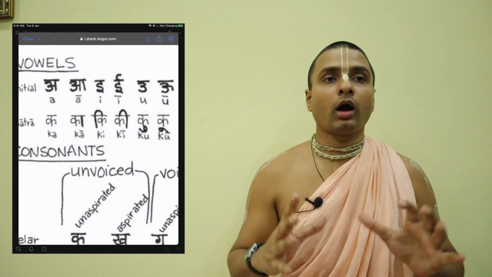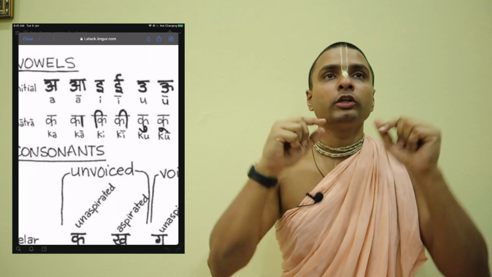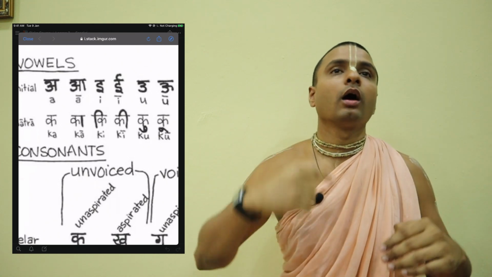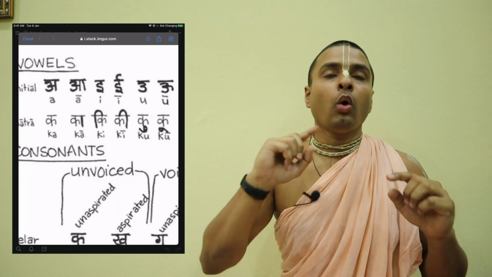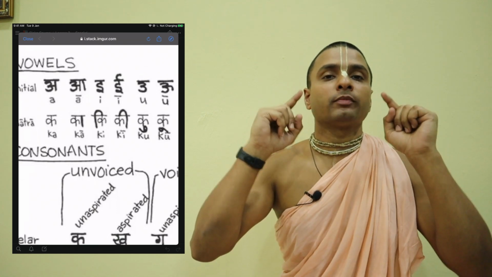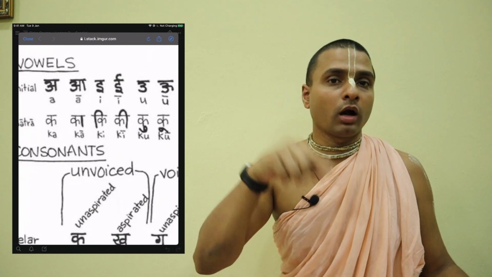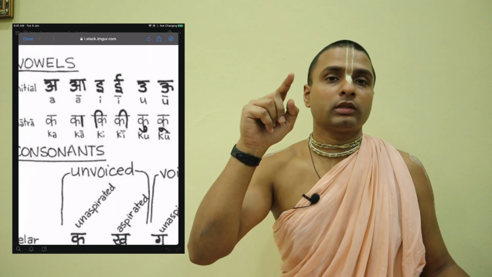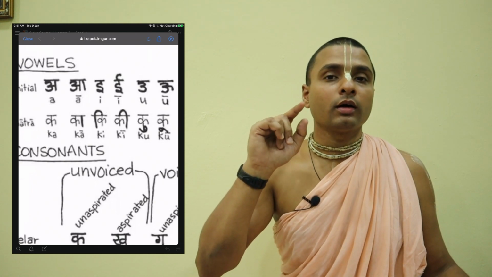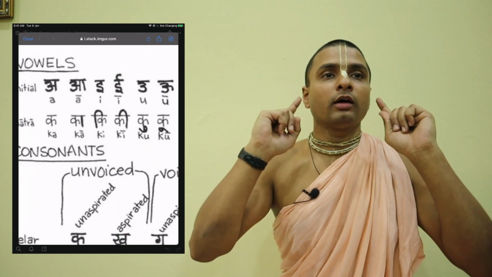When you say, for example, Ka, you touch the top at the back with the tongue. When you hold it there, the sound is stopped; Ka is produced when you release the tongue from that position. But if you keep it there, the sound doesn't go.